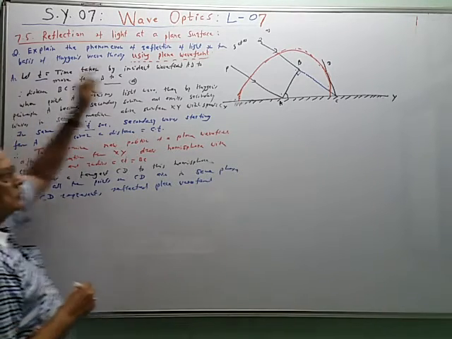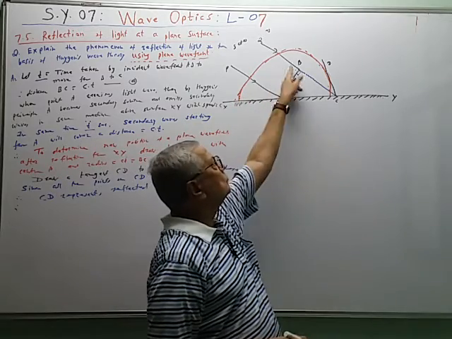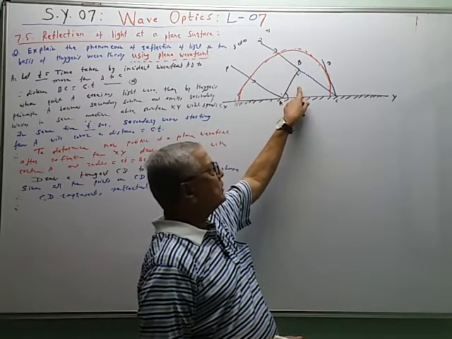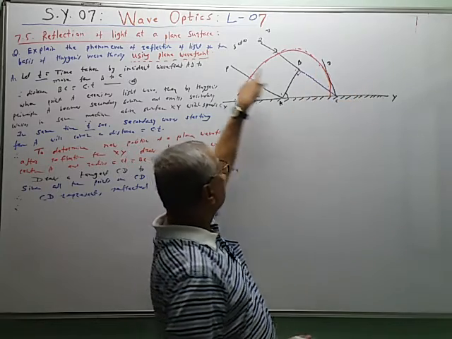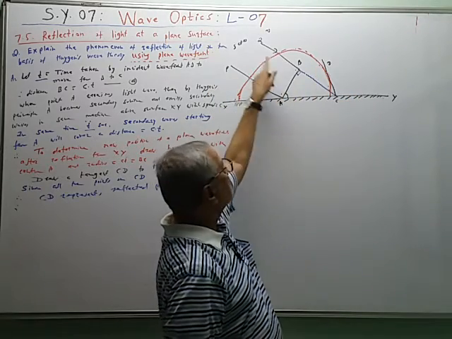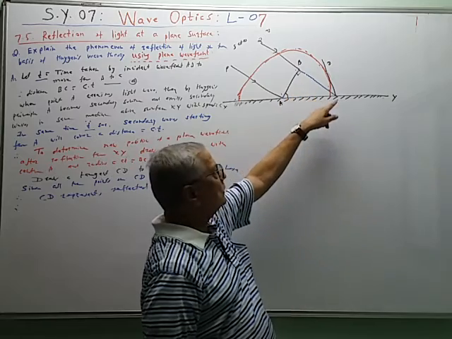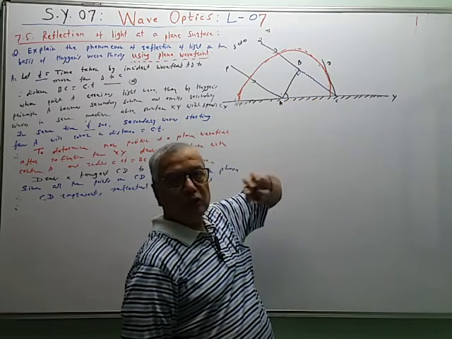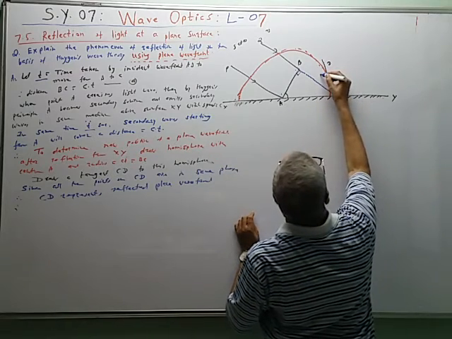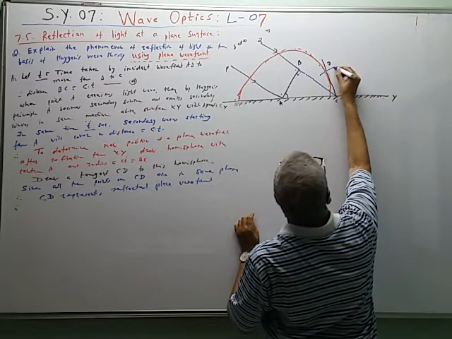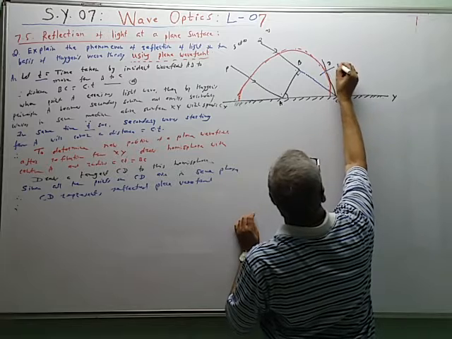Now, these are two incident rays for the incident plane wavefront AB. Now we have to draw the two reflected rays, one corresponding to PA and the other corresponding to QB or QC. Wavefront and wave normal are always perpendicular. So draw a perpendicular at point B. Now this is the tangent, therefore this will be the radius.